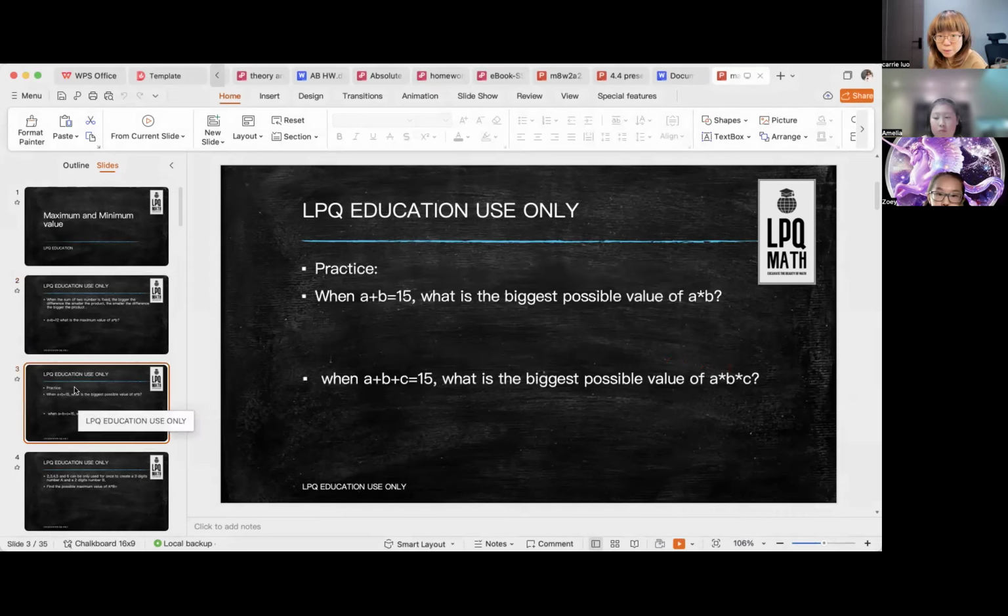So when a plus b equals 15, what is the biggest possible value of a times b? So please take a look at that.